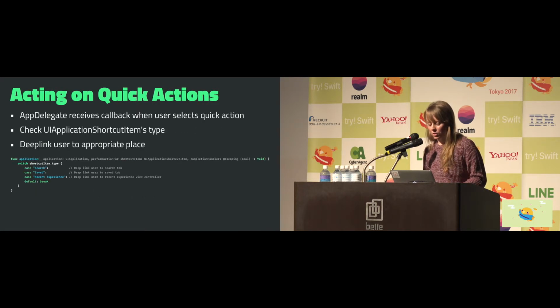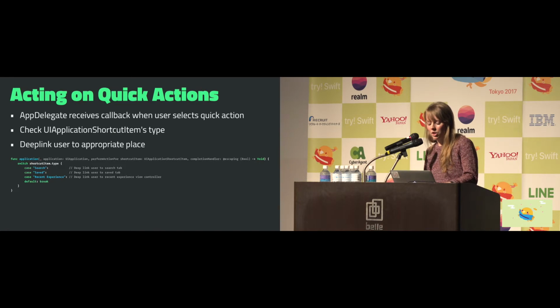So that gets us through what the user sees when they 3D touch on the app icon, but how do we bridge this with the action that happens when they tap on the quick action? So for instance, if they tap on a save phrase, you want to go to the Save Phrases tab. So in the app delegate, your application will receive callbacks when the user selects a quick action.